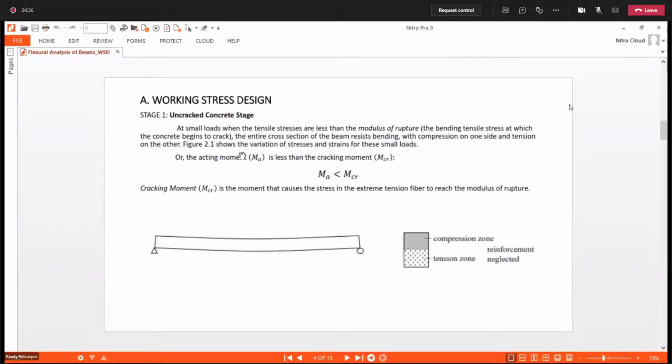So MA here pertains to the maximum moment based from the service load. If your acting moment is less than the cracking moment, then you have an uncracked section. That is our criteria in determining if our section is uncracked.